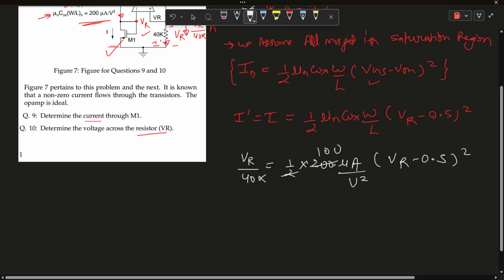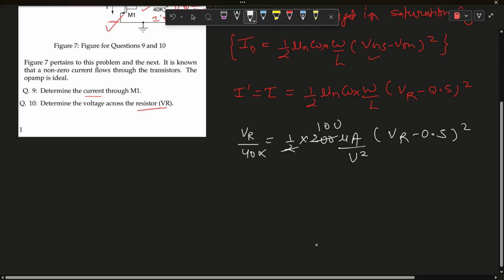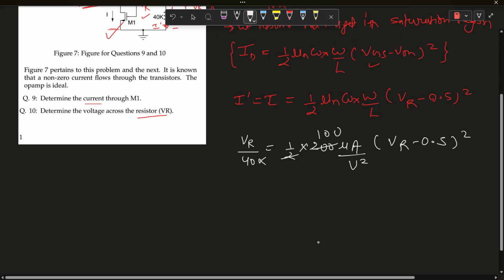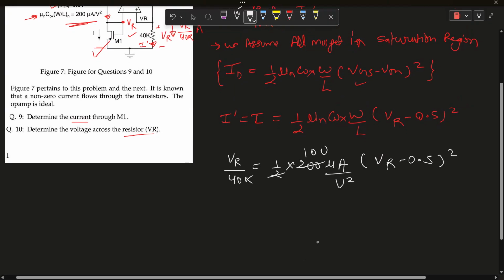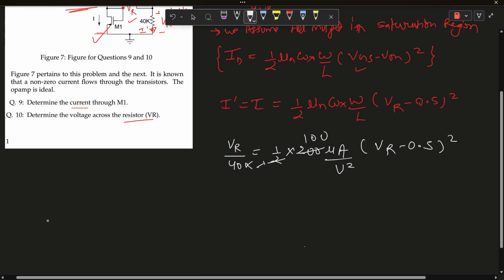It will cancel out. Now solve this and take it to this side.